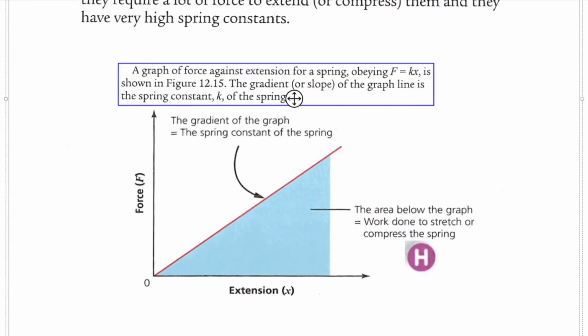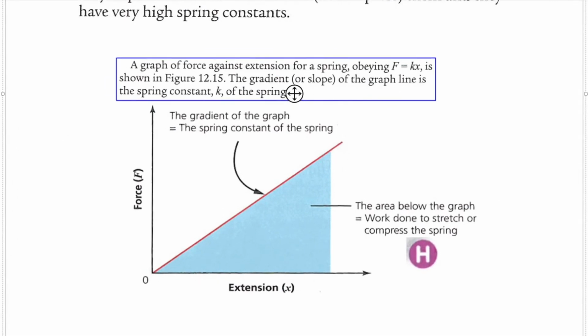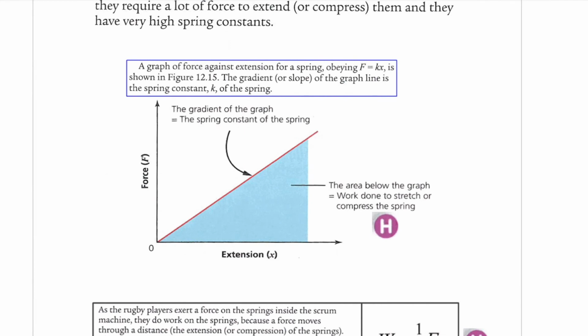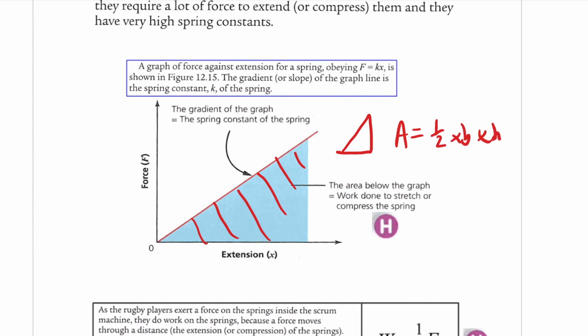For higher tier pupils only, the last piece of knowledge is to be able to calculate the energy stored in a spring, which is the area underneath a graph, and that's shown here, shaded in blue. So this area here, and remember, if you want to work out the area of a triangle, you've learned this in maths, is half times base times height.